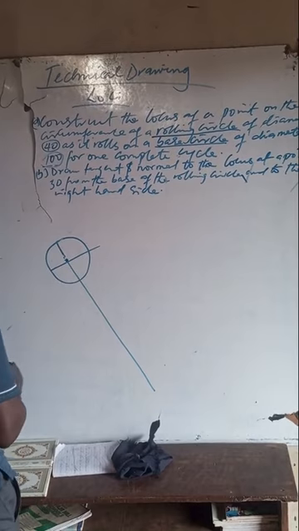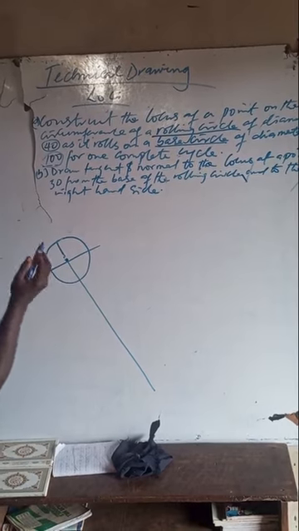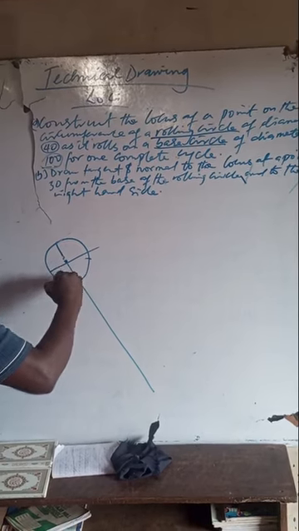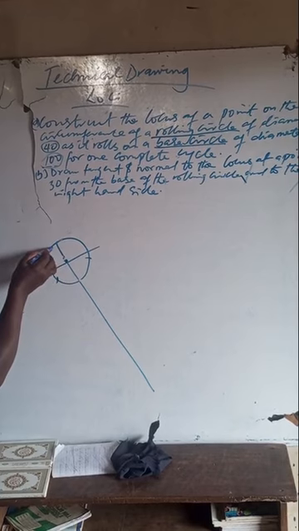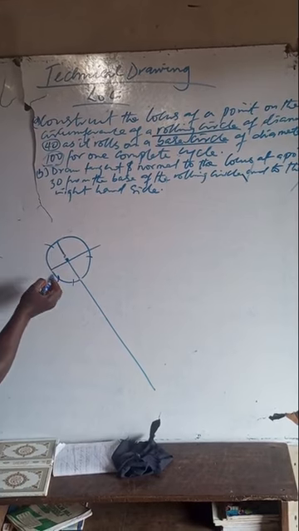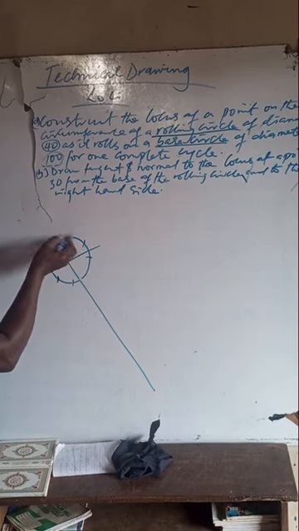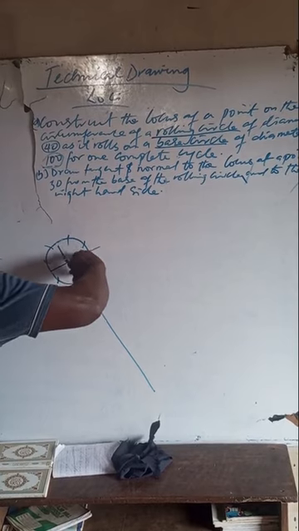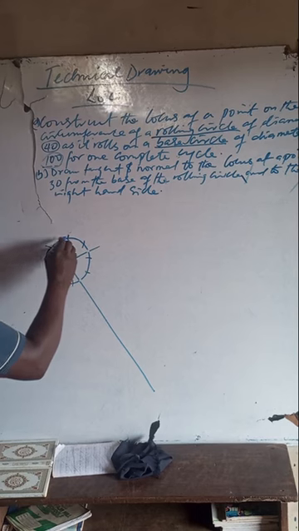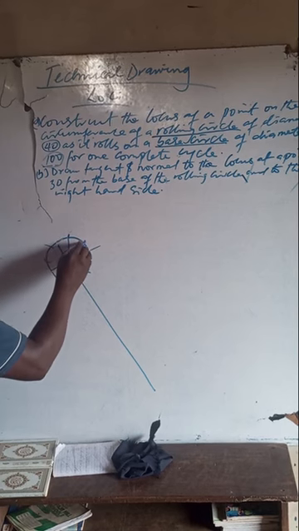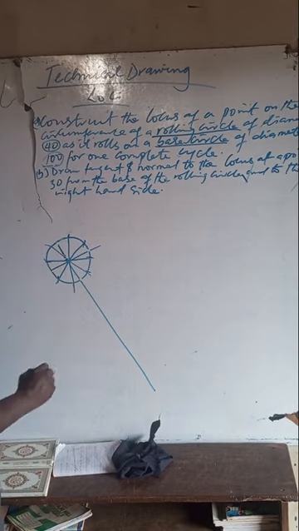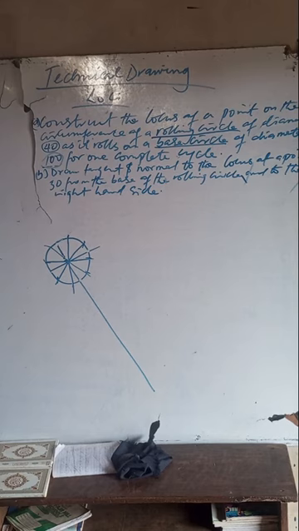To do that, I'll stay here and mark arcs here and here, then stay at the next points and mark arcs in the same way. So I've divided it into 12 equal parts. Let me join them.